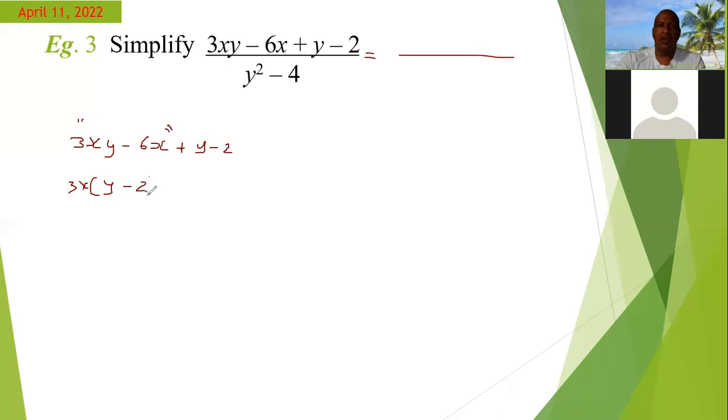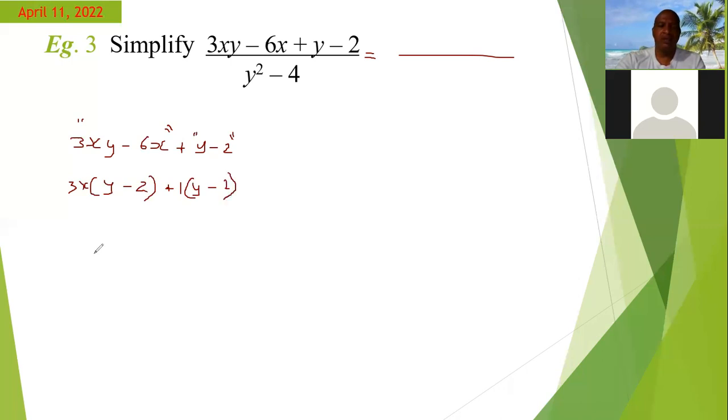Now for the next pair, y minus 2, what would be the common factor? 1. All right. So when there's no obvious common factor, use 1. So we have 1 into y gives you y, 1 into minus 2 gives you minus 2.